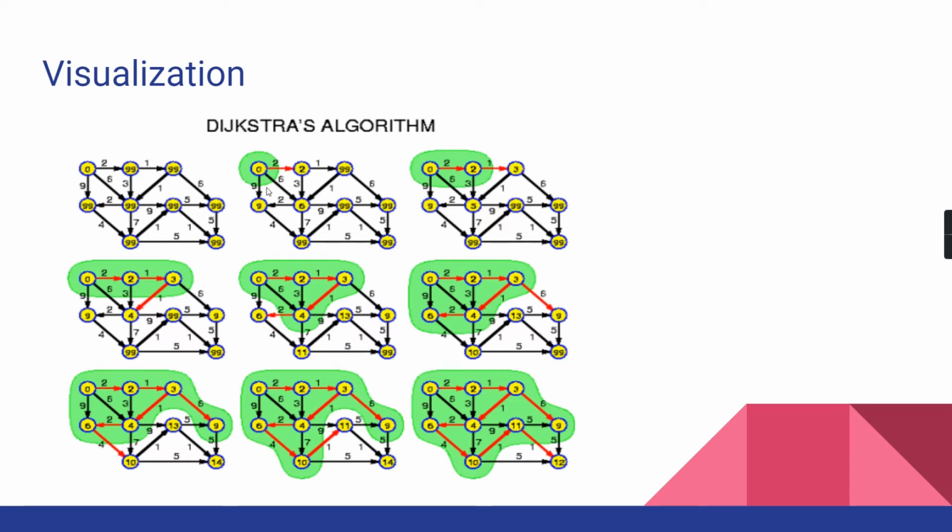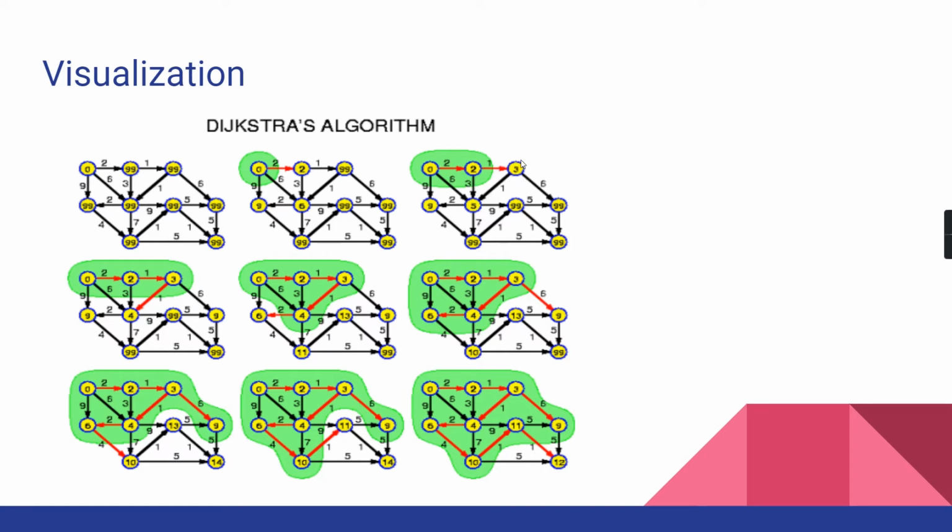And keep in mind, as we are looking at each vertex that is connected to the vertex we have just inserted, we're adding the distance to get to that vertex. So right here, we look at this vertex and this vertex. We see that here, that has a total distance of 3. This has a total distance of 5.